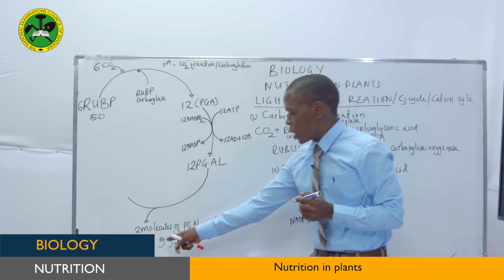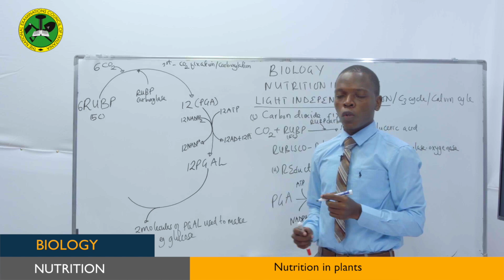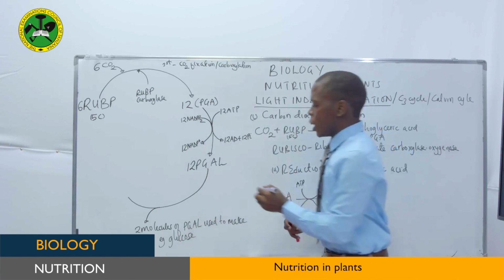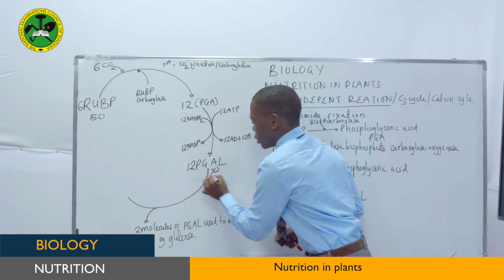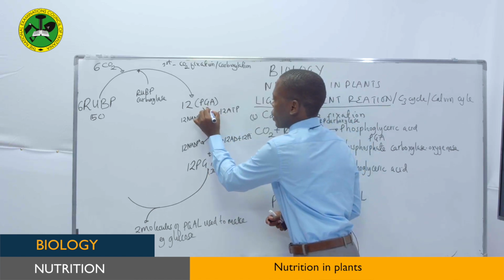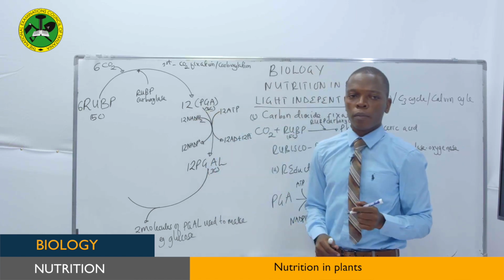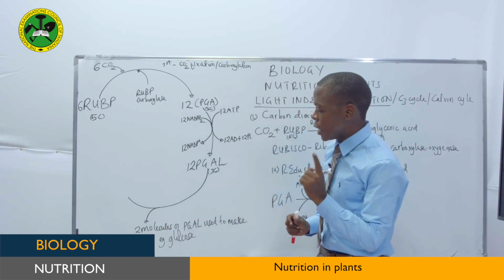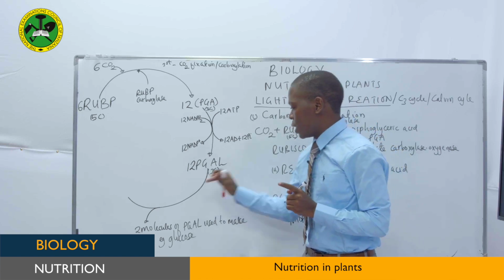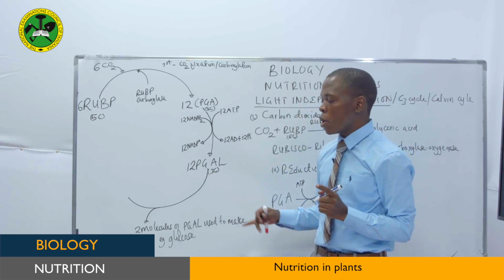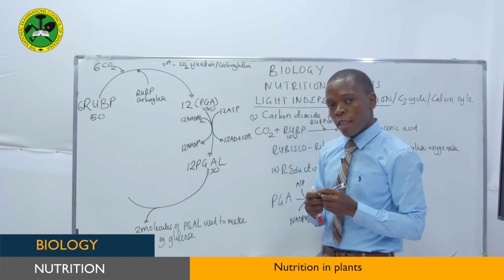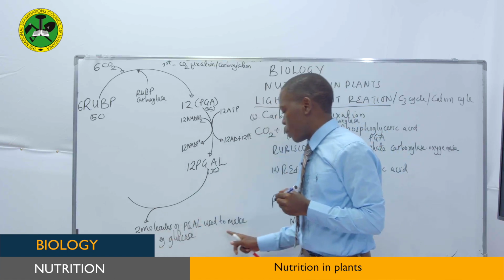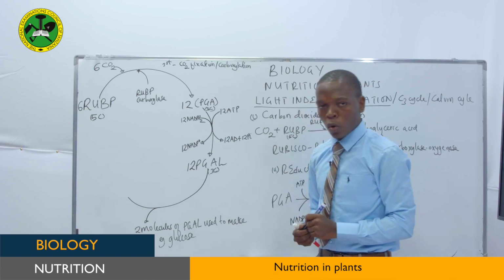PGAL is used to make sugar, for example, glucose. This is because PGAL is a 3-carbon compound, and we know that glucose has 6 carbons. So this PGAL has 3 carbons, another PGAL has 3 carbons, therefore the total number of carbons is 6, and it will be used to make glucose.